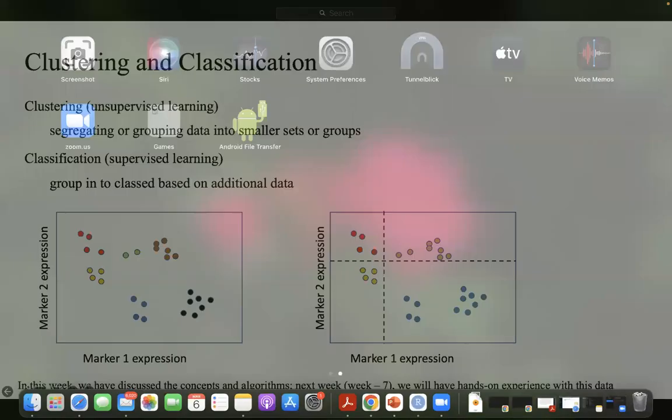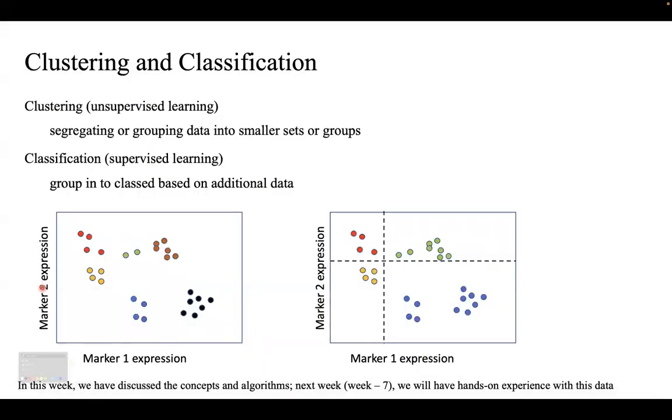Each of the dots that you see here is a cell, a data point from each of the cells. It's plotting marker expression, let's say from 0 to 1 here, and also 0 to 1 here.